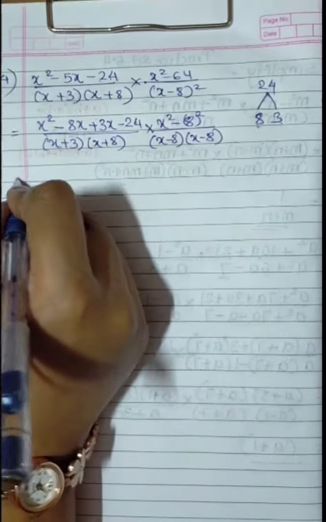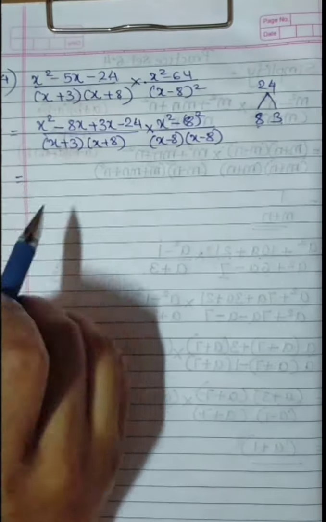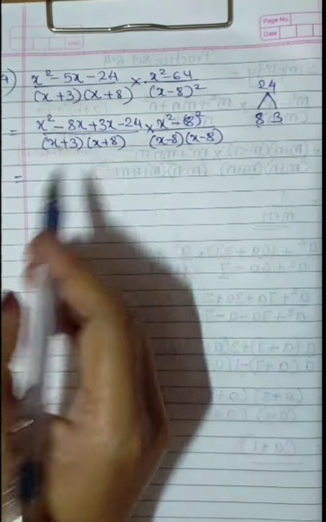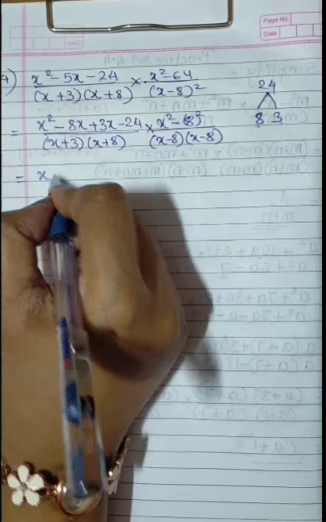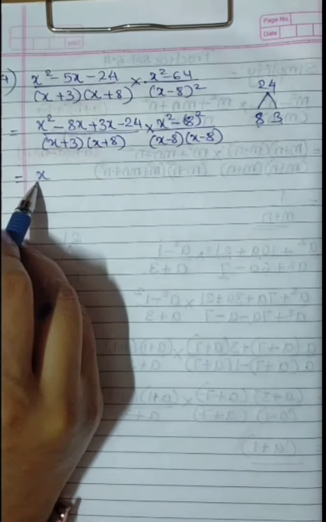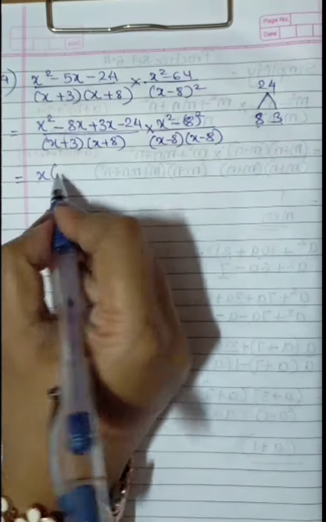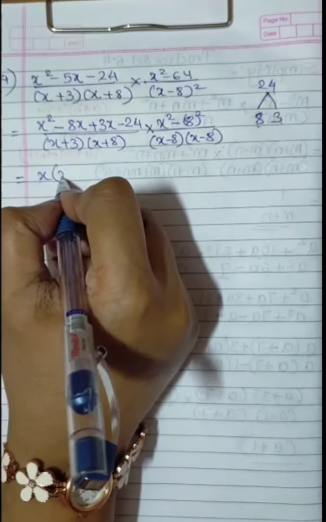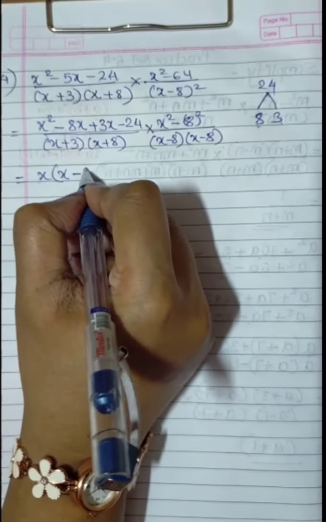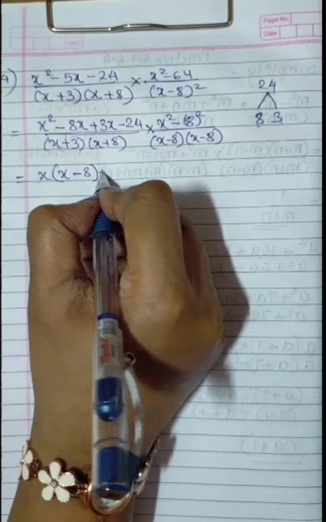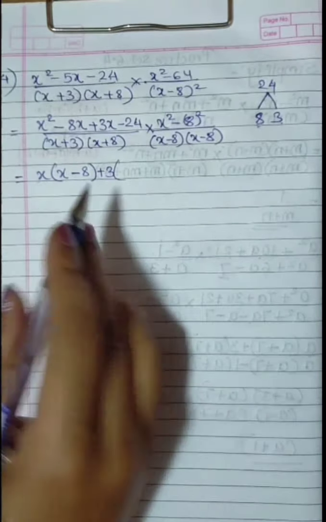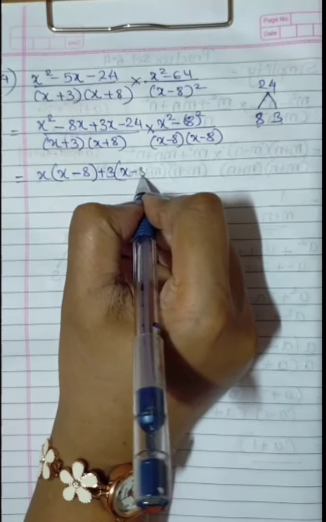Now we will move to the next step. From x square minus 8x, x will come out and x minus 8 will be inside the bracket, then plus 3, again the same bracket will continue, x minus 8.